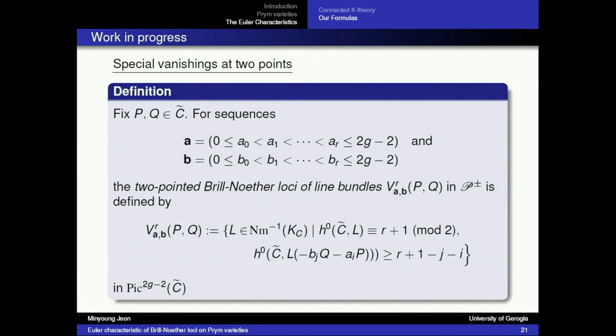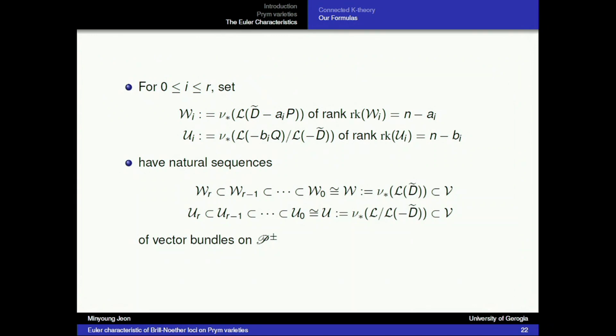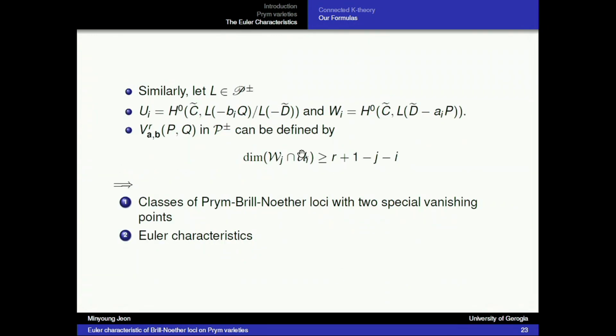So we can interpret these two pointed loci in terms of some dimension conditions, the Schubert conditions like this one, and under a certain assumption, we can convert these two pointed loci into vexillary degeneracy loci in type D, or the vexillary Schubert variety in type D case.